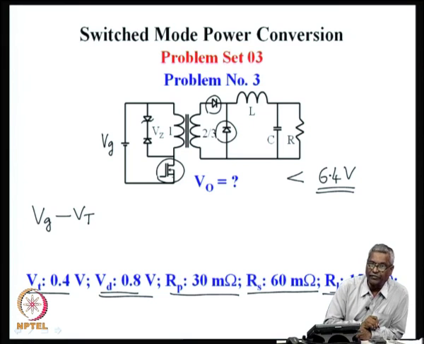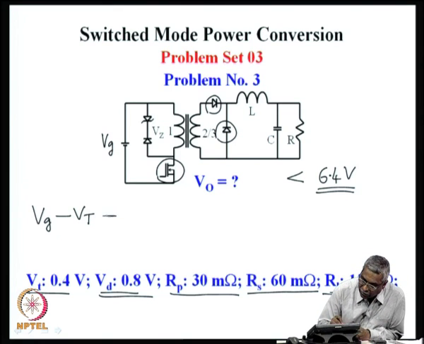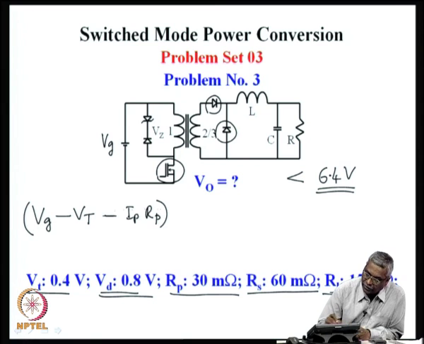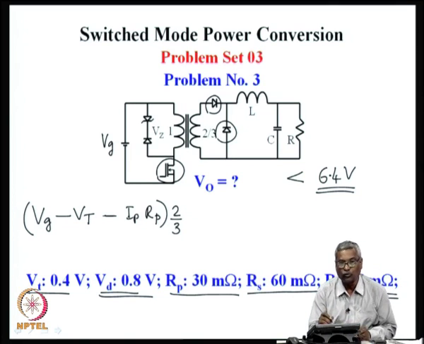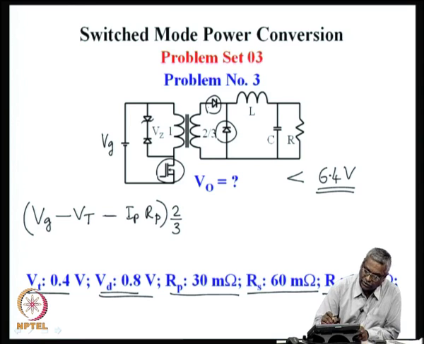there is a voltage drop Vt, which is the switch drop. This drop, minus whatever primary current is flowing in the inductor times R primary, which is the voltage drop in the primary winding, gets multiplied by 2/3, which is our N2 by N1. After this, there is one diode drop, which is the first diode drop.